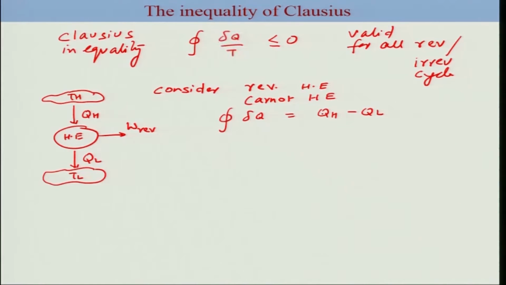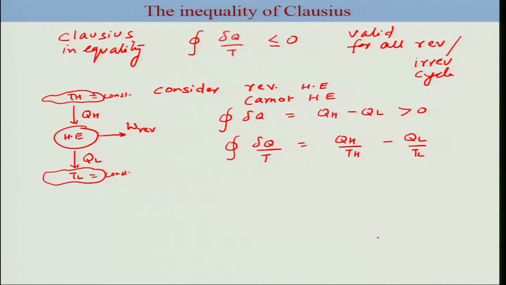Considering QH is going to be more than QL, this is going to be greater than 0. Now since these are source and sink, the temperature TH is constant and TL is constant. Let's look at the expression del Q by del T, which is going to be QH by TH minus QL by TL.